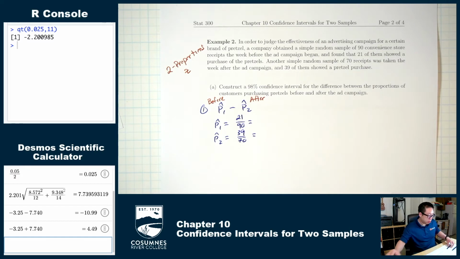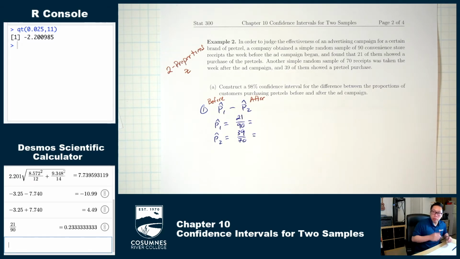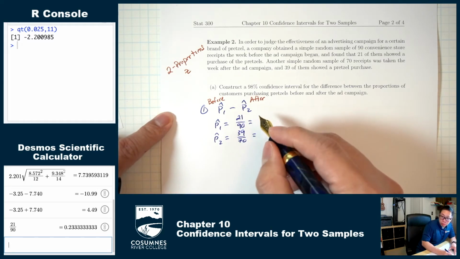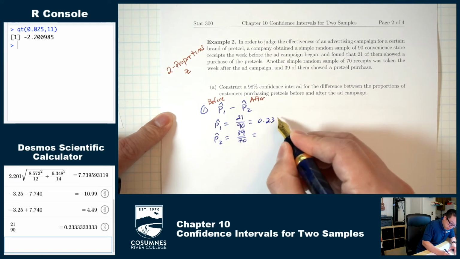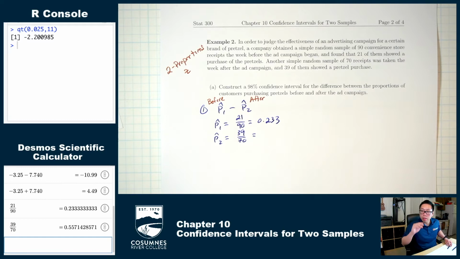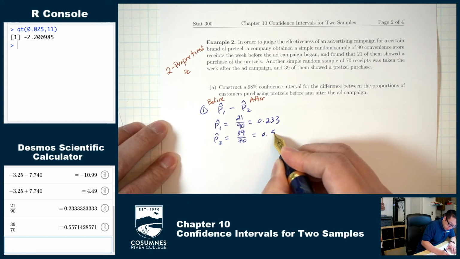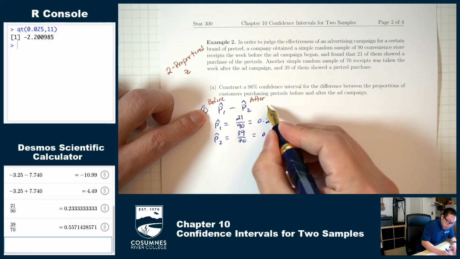All right, so P1 hat is 21 over 90. Rounded to 3 decimal places, that is 0.233. P2 hat, 39 over 70, is 0.557, which means now I can do the subtraction.